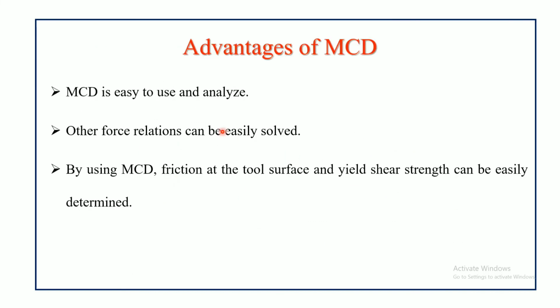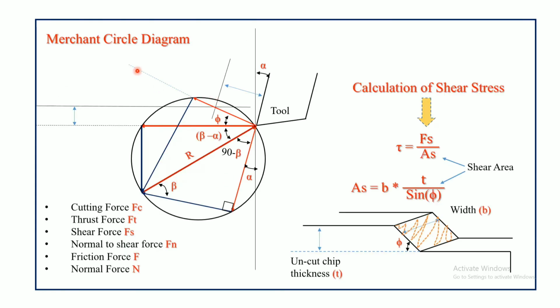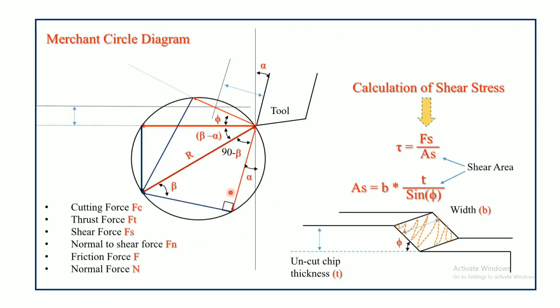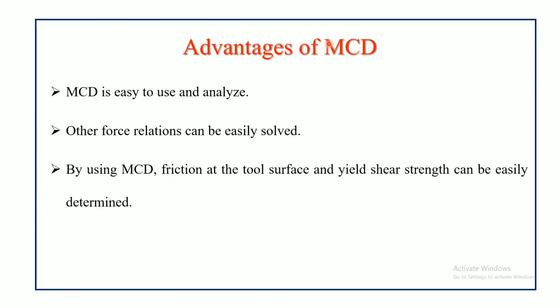Till now, we have discussed what the Merchant circle diagram is, how we can graphically construct it, and how we can do force analysis and analytical analysis of it. In this way we have used the Merchant circle diagram and derived a number of equations for the forces which act during orthogonal cutting.